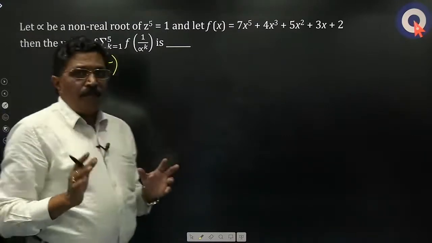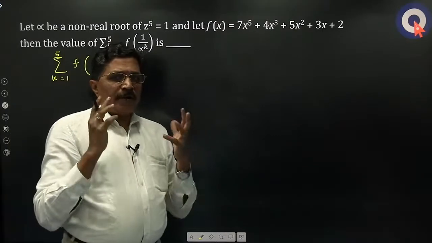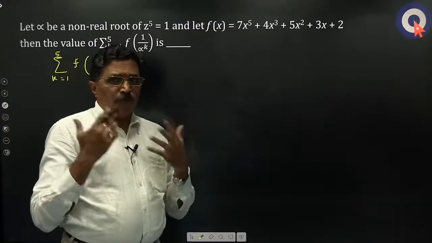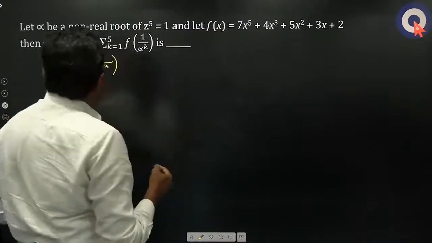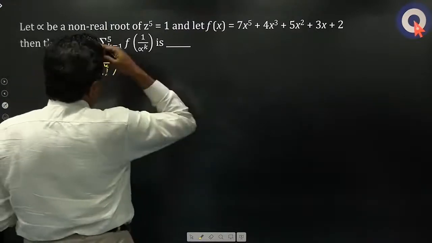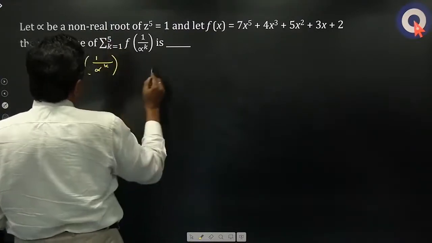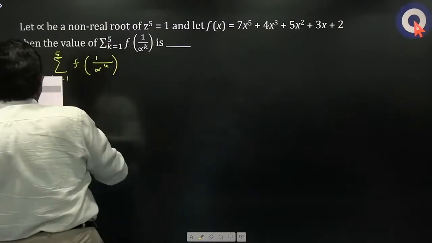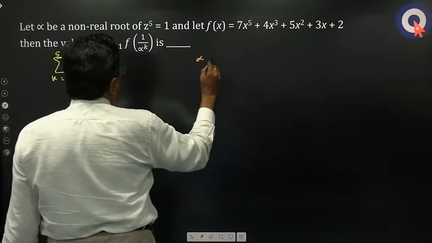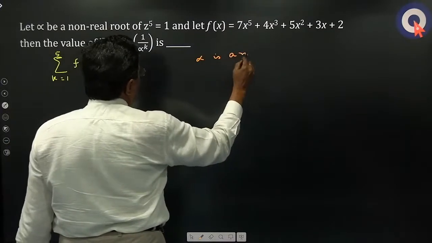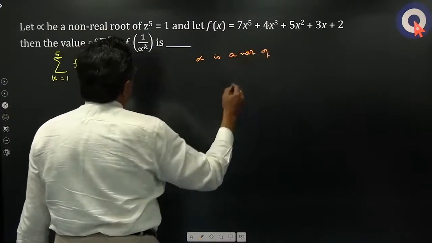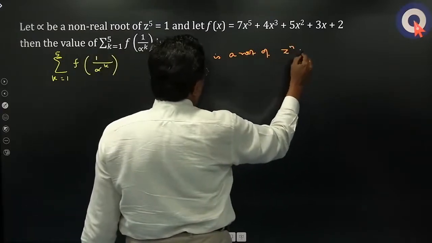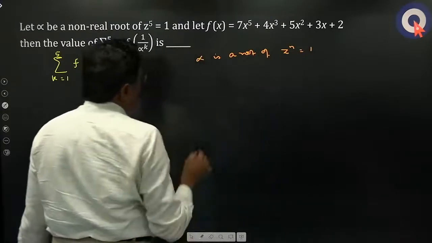See here, one interesting result which you must be knowing already. The result is this. Suppose alpha is a root of z power n is equal to 1, all right, nth root of unity.